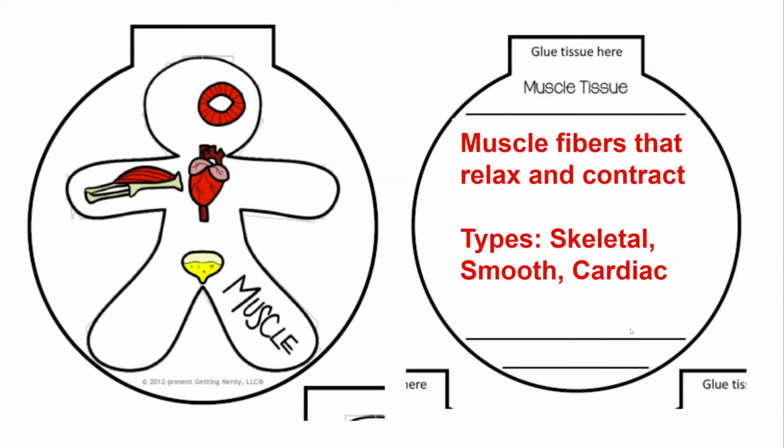So let's get into the different types of tissues. Muscle tissue is the first one that I want to talk about. And so we have muscle fibers that are going to relax and contract, and that's going to make movement of your body possible. So we have different types of muscle. We have skeletal muscle that is going to be attached to your skeleton to move your bones.